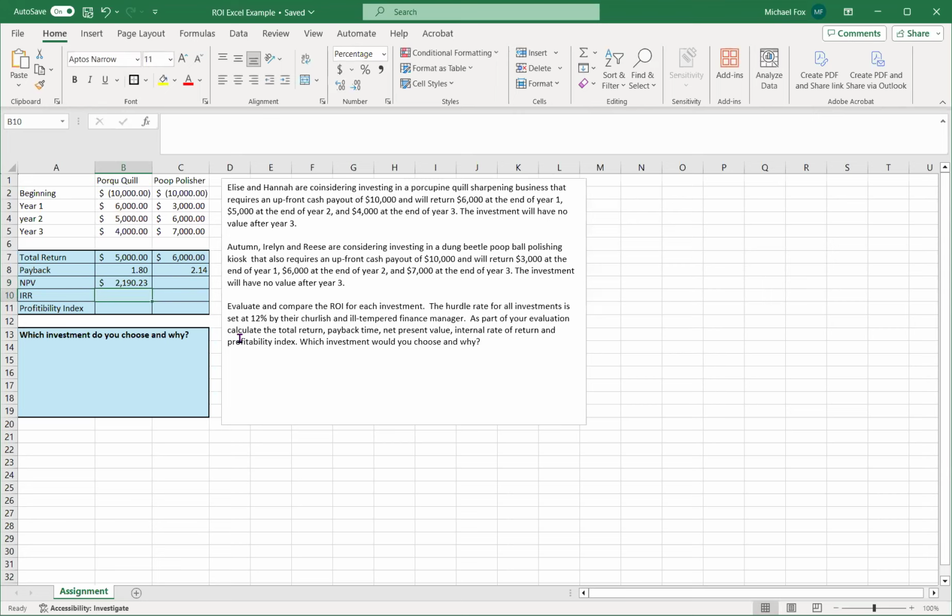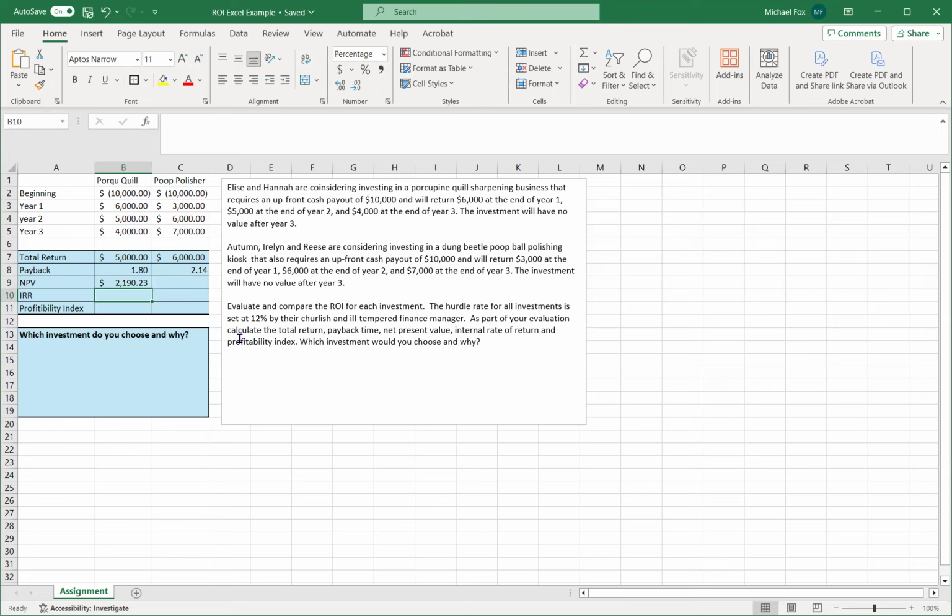So the net present value of this whole investment is $2,190.23. What that means is it's $2,190.23 greater than if we had earned exactly 12%.